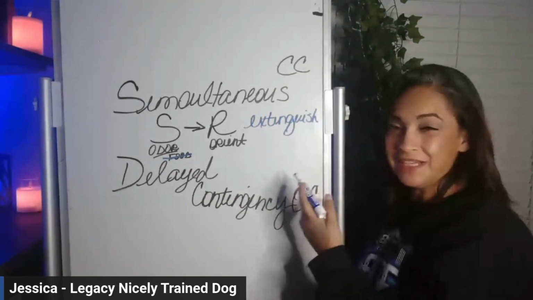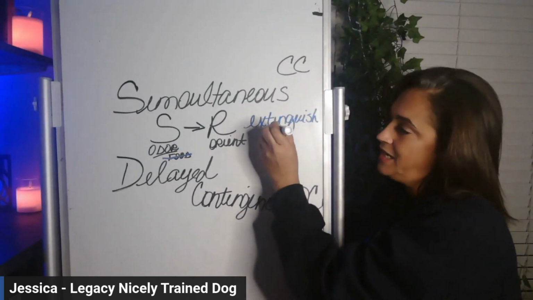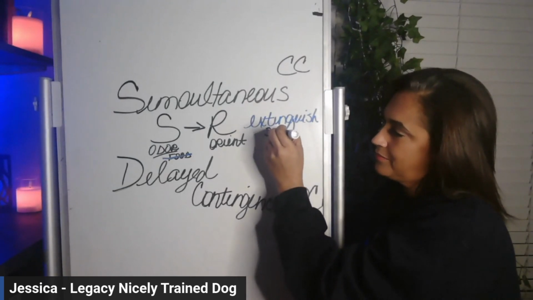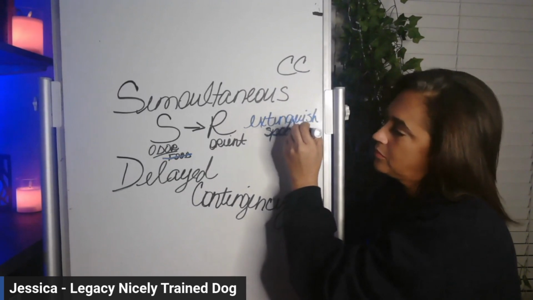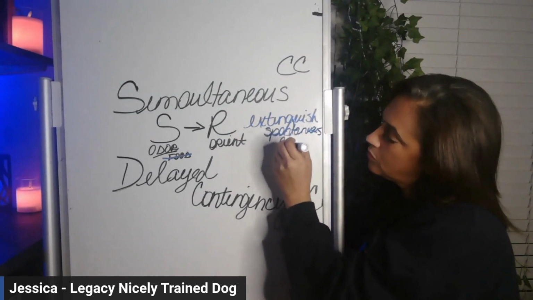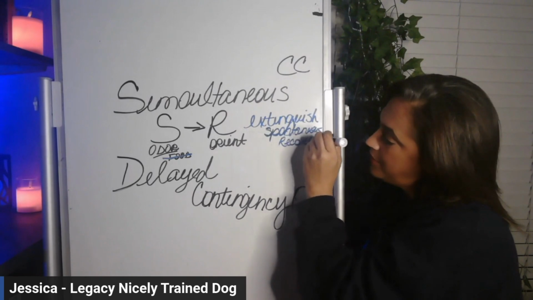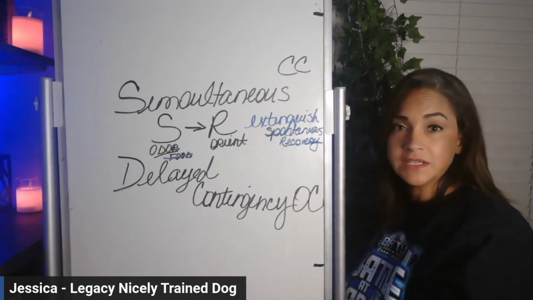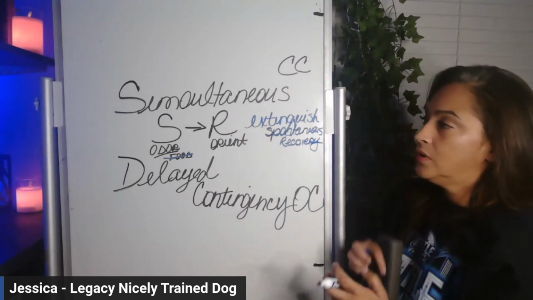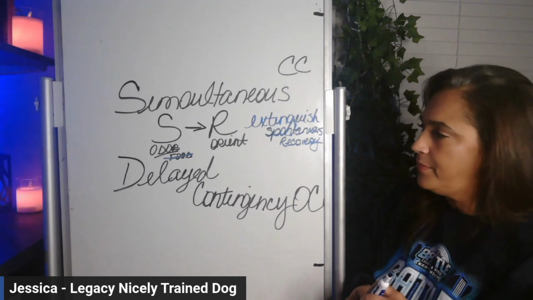The thing with extinction is spontaneous recovery. And you don't want that to happen during a search. You never know when it's going to happen. It could never happen. But you don't want it to happen.